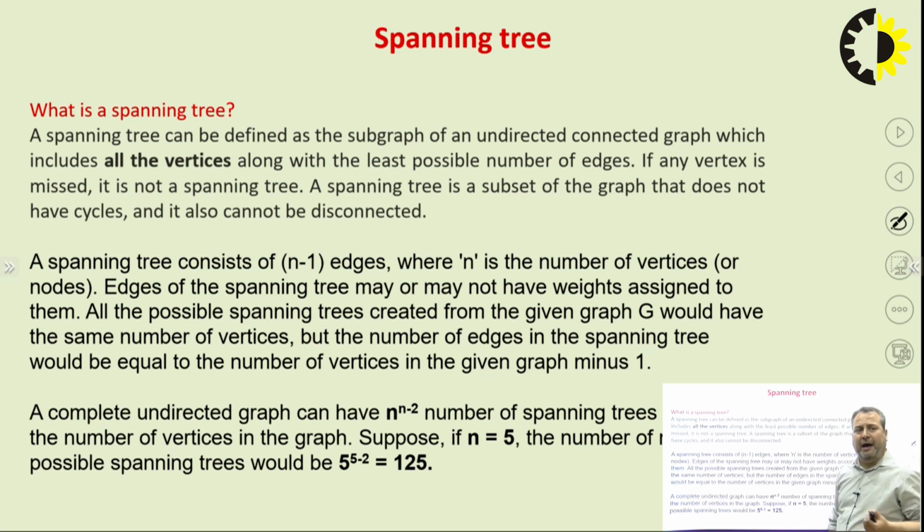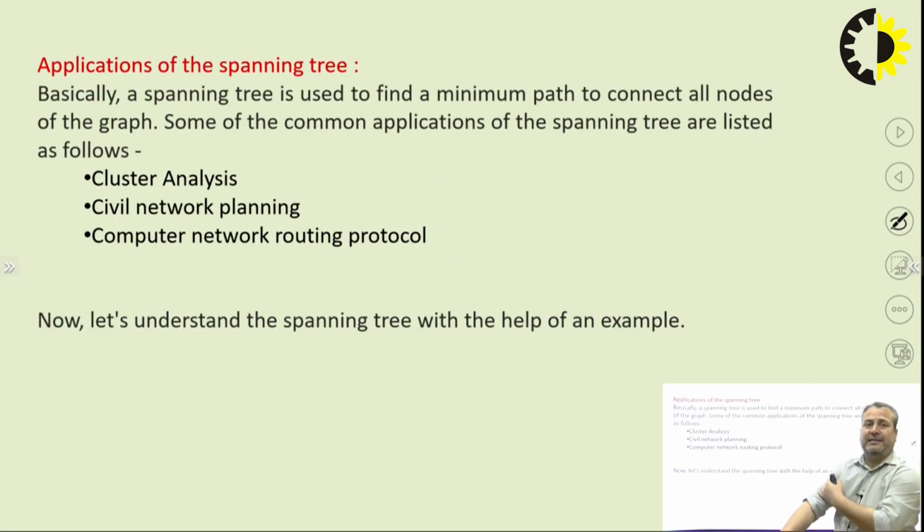And if a graph is a complete graph, meaning every node is connected to all other nodes, and we want to find how many spanning trees it would have, it is n to the power n minus 2, where n is the number of vertices, right? You can justify that. So let's see what the applications of a spanning tree are, then we will go to the minimum spanning tree.